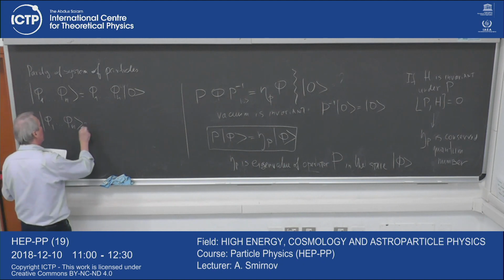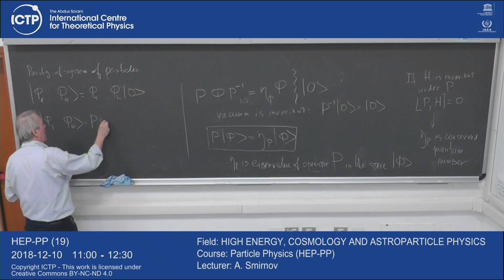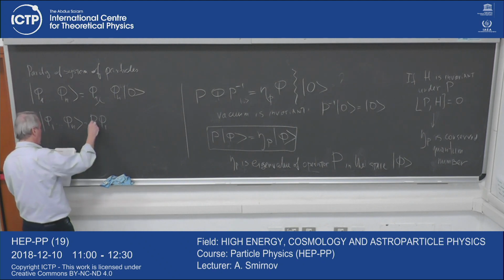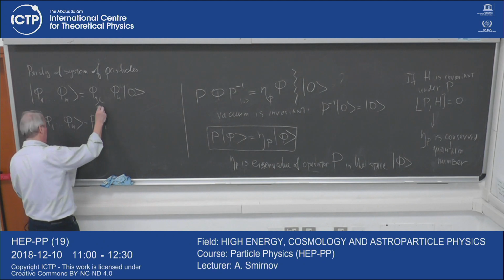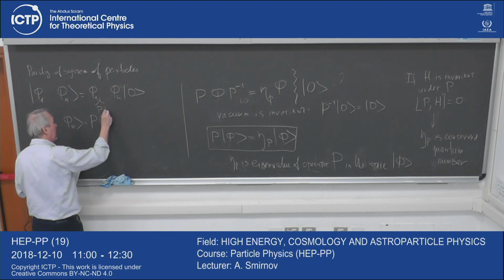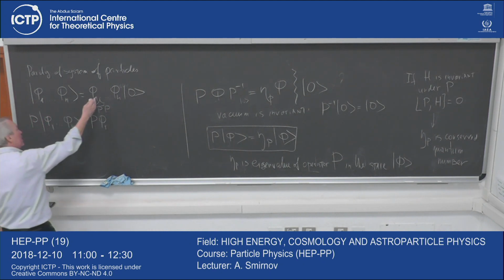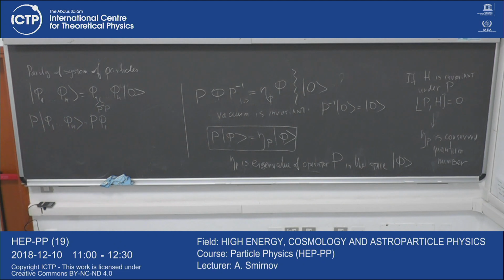We can write this in the following way: P, F1, and then what we are doing, we are inserting here P minus 1 P, which is unit, in between each of the fields.